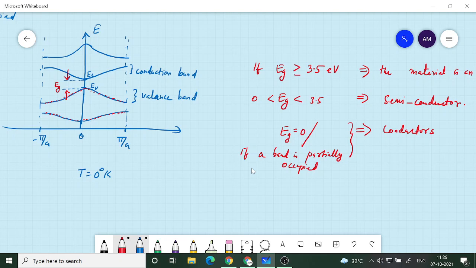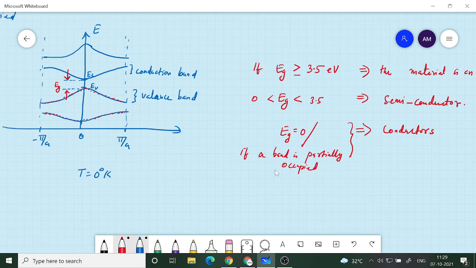So a conductor can arise in two ways: either two bands touch each other, or one band is only half filled or partially filled. But if a band is fully filled with an EG above zero, then it could be an insulator or a semiconductor.